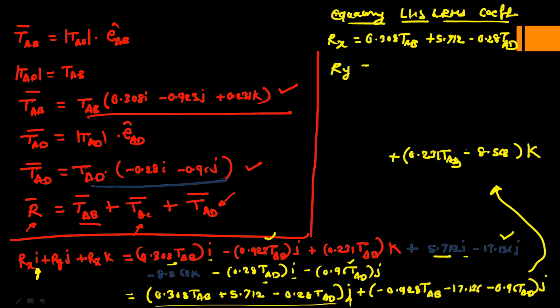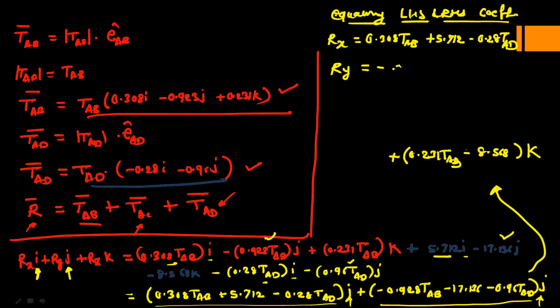Then Ry is the coefficient of unit vector J. So here, this is the unit vector J, and this complete value is the coefficient.